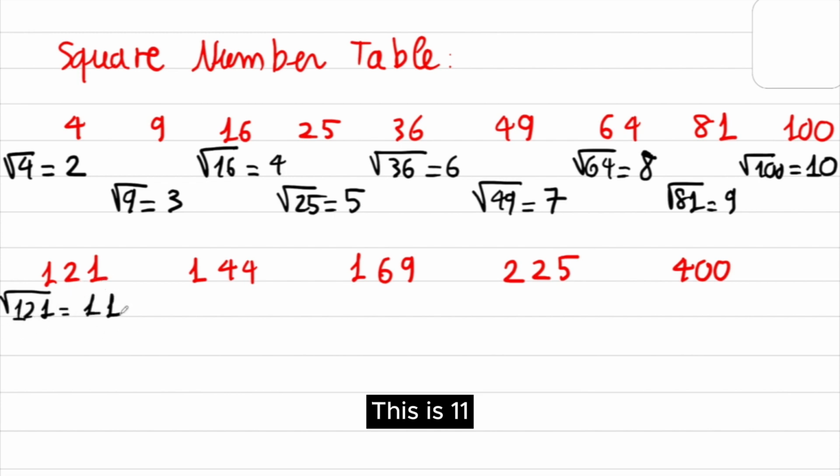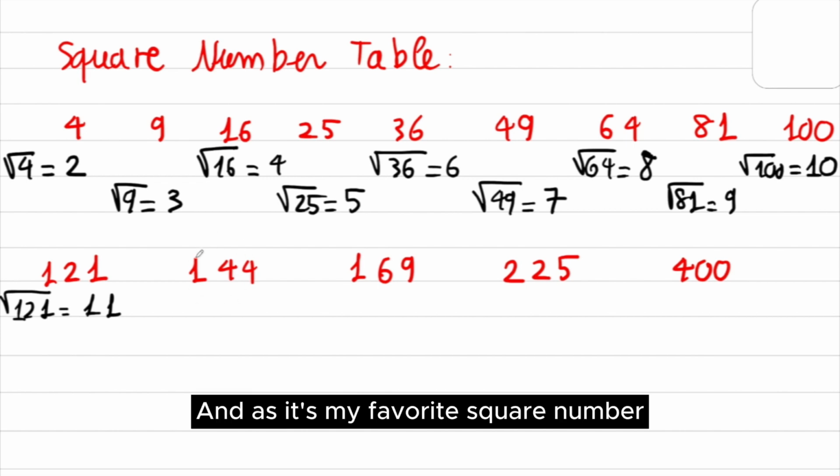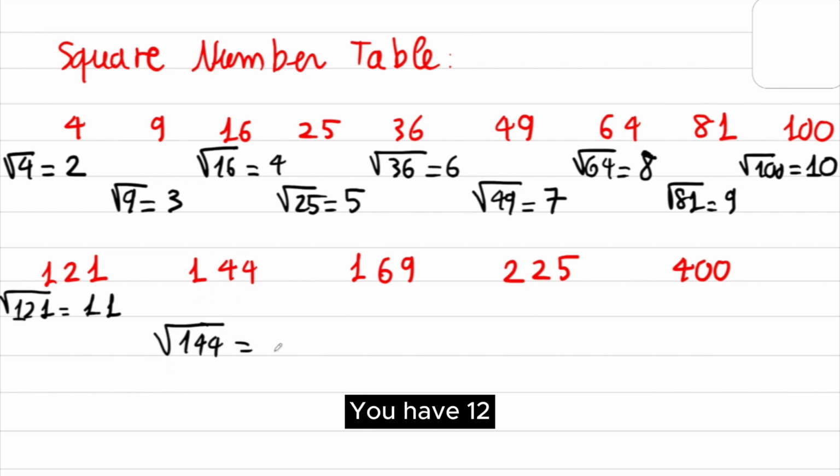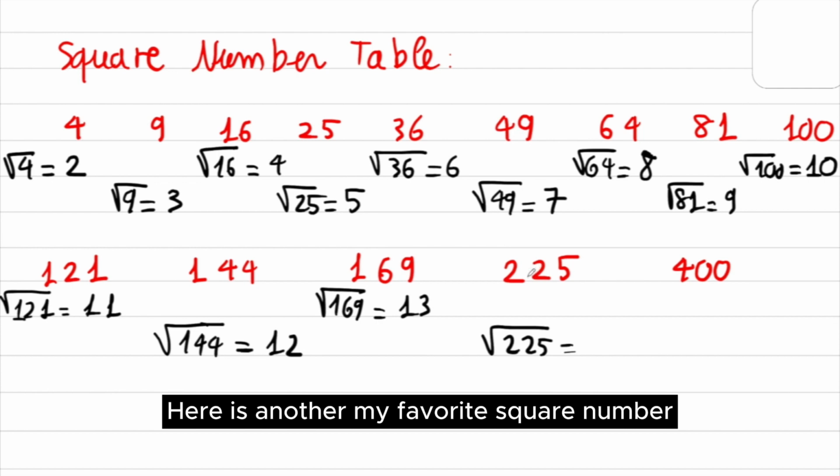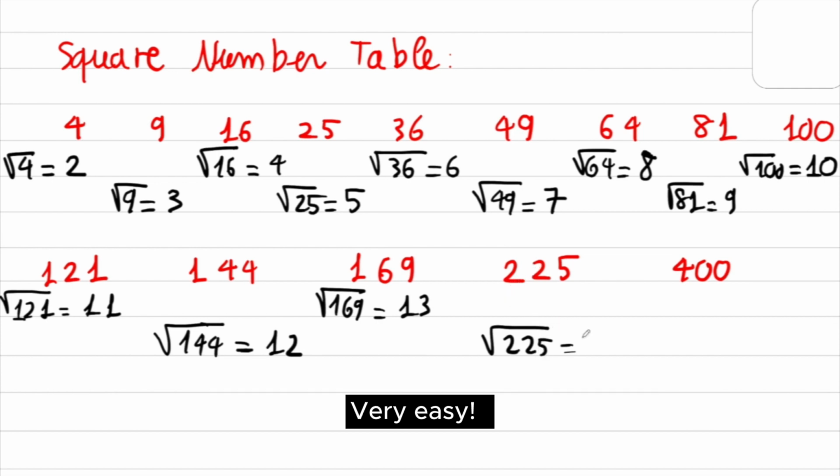This is 11. 144 is very easy, and this is my favorite square number. You have 12. 169, you get 13. 225 is another favorite square number of mine, very easy. It is 15.